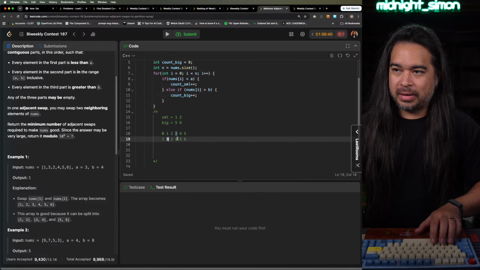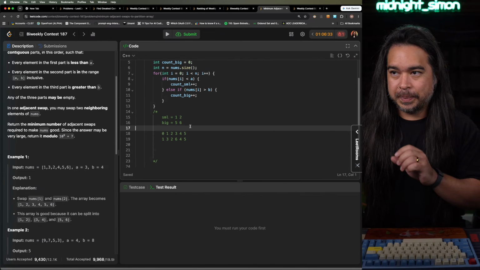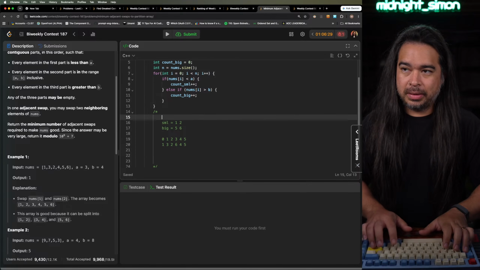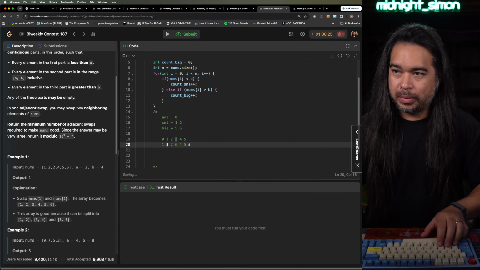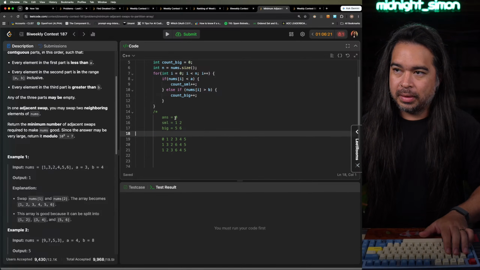Let's say the 6 was there, the 4 was there, and the 5 is here. So we make this one swap, 2, 3. I'll put the swap like this, and we increment our answer. Now this 1 is good, this 1 and 2 is good, this 3 is good.